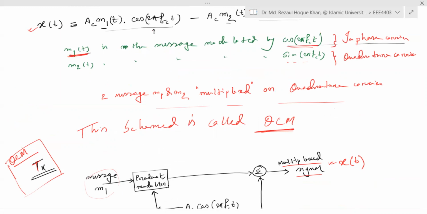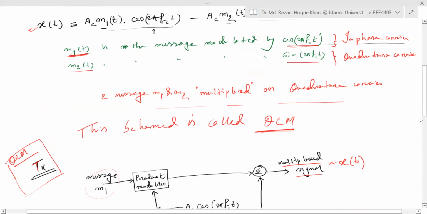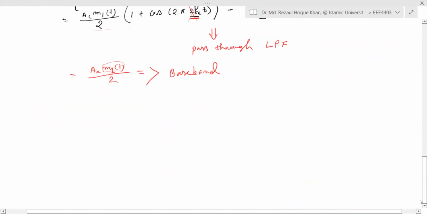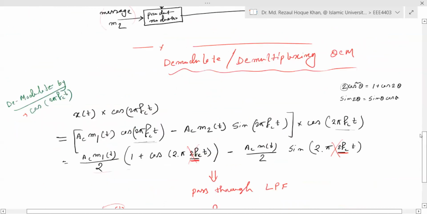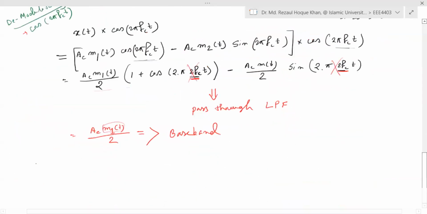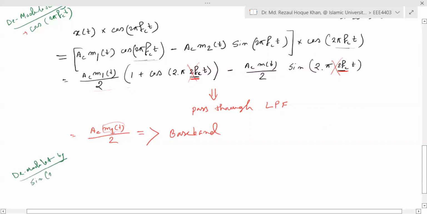Again, if we demodulate the whole x(t) by this carrier, we'll actually receive this message. Okay, this will be the same, so we'll just repeat it. Now demodulate by another carrier, sine 2 pi fct.